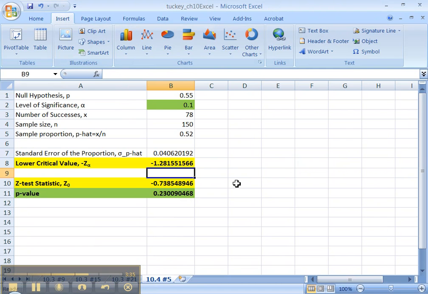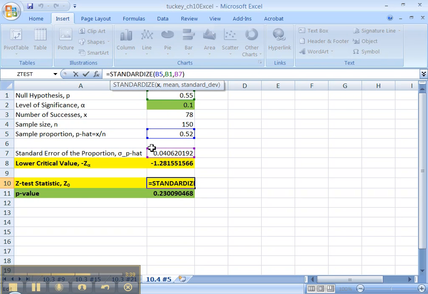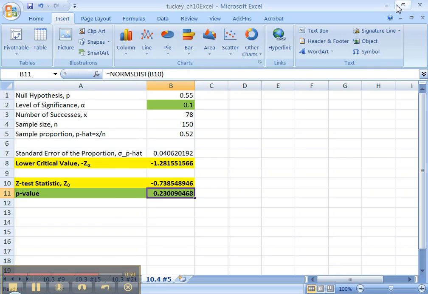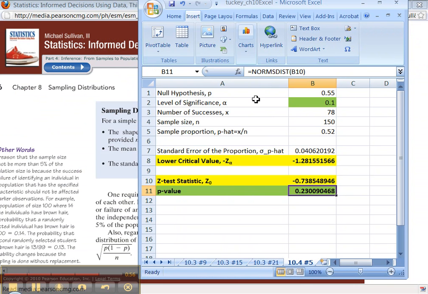The test statistic is, let's click this, the standardization of B5, which is p hat, with B1 as the mean, and B7, right here, as the standard deviation, aka the standard deviation of the sample proportion, aka sigma sub p hat, this guy right here. There we go. Now the p-value is norm.s.dist of that test statistic.